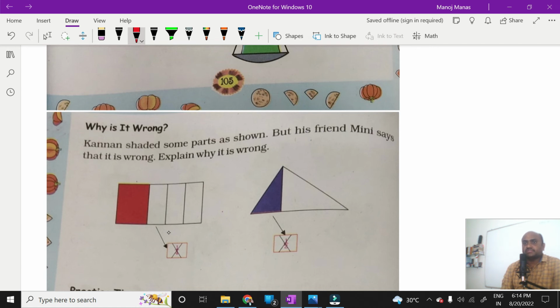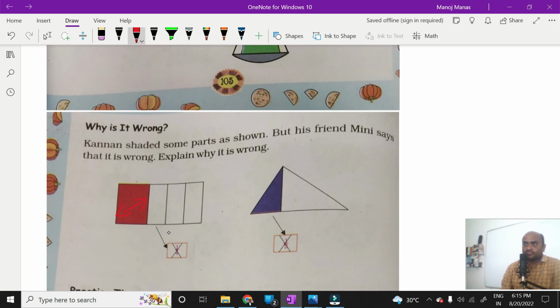So he made this partition bigger than the other 3 partitions, so it cannot become correct. If it is 1 by 4, 1 by 4, 1 by 4, it could not be more than 1 by 4 because the size itself tells that. And here in this case, if this is 1 by 2, this cannot be 1 by 2, it's bigger in size than the 1 by 2.